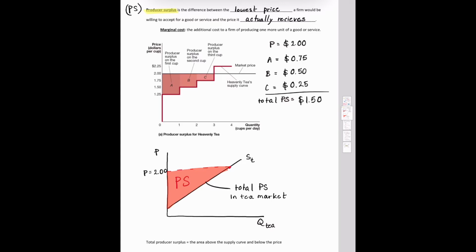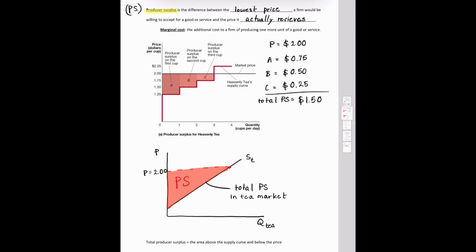Okay? So here, again, we're still talking about tea. If we use the PowerPoint example, Heavenly Tea is a very small producer of chai tea.